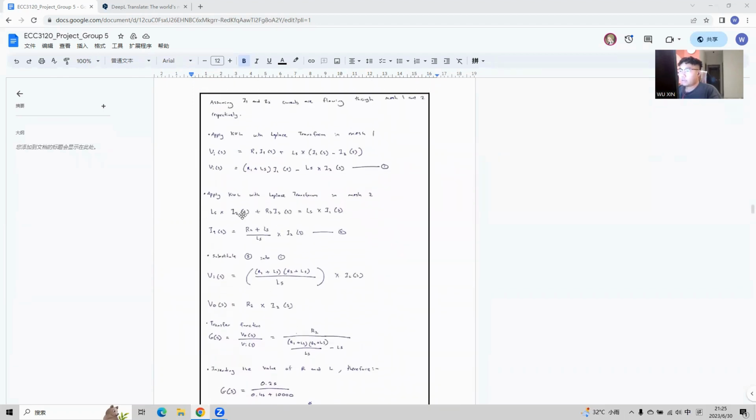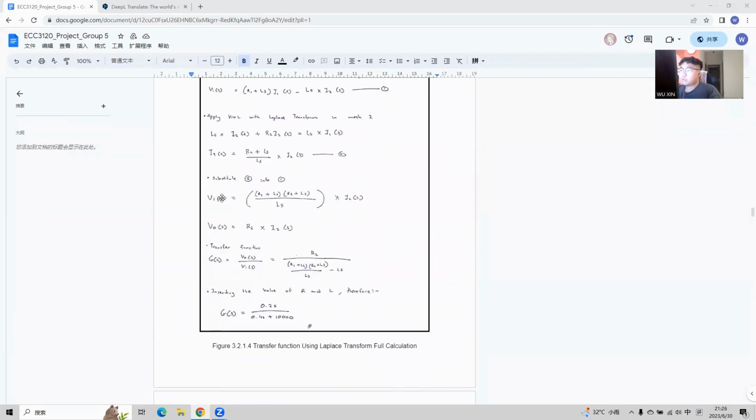We get I1(s) equal to (R2 plus Ls) over Ls times I2(s). Substitute equation 2 into equation 1, we get I1(s) equal to (R1 plus Ls) times (R2 plus Ls) over Ls times I2(s). Then we get V0(s) equal to R2 times I2(s).